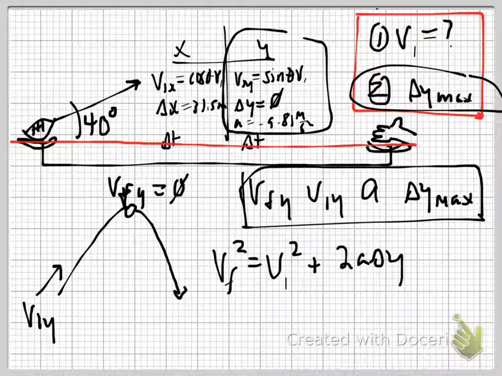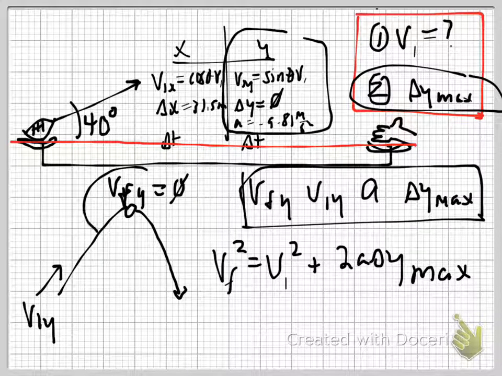Well, how can I do this? If it's something that is happening discretely on the y-axis, you can analyze it only on the y. So you're just looking for delta y. This is going to be delta y max because you've set that VFY as 0, which puts you at top of flight. That's what says mathematically we're at the top.